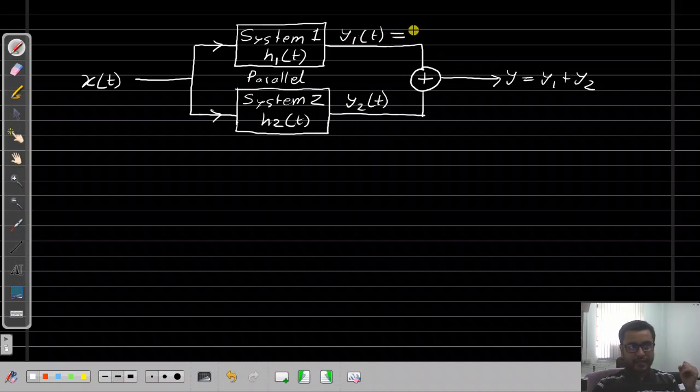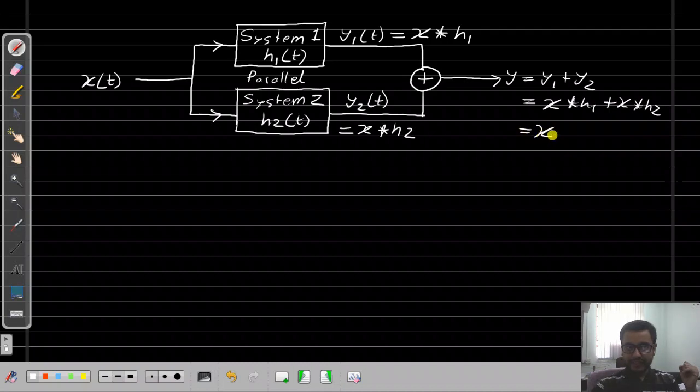Y1 I can write as X star H1, convolution between input and impulse response. Similarly, Y2 will be X star H2. Therefore, the final output will be X star H1 plus X star H2.